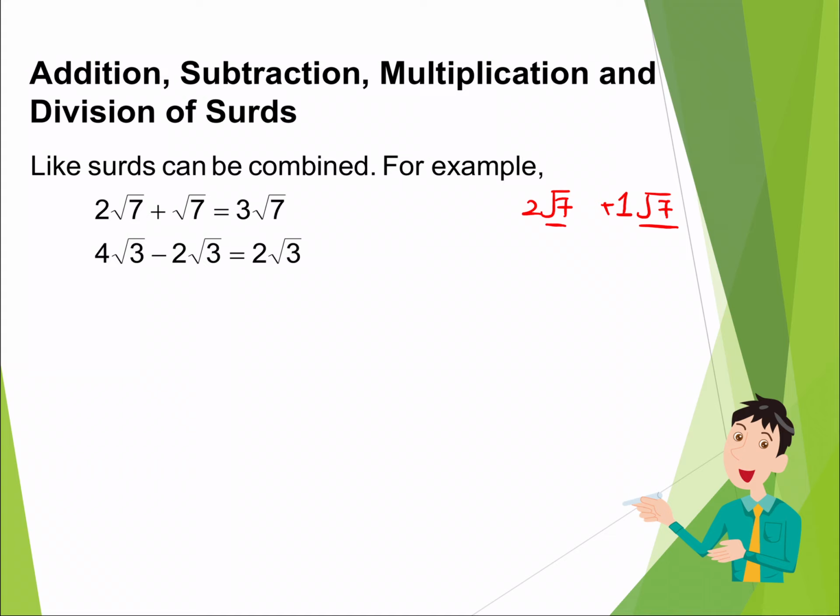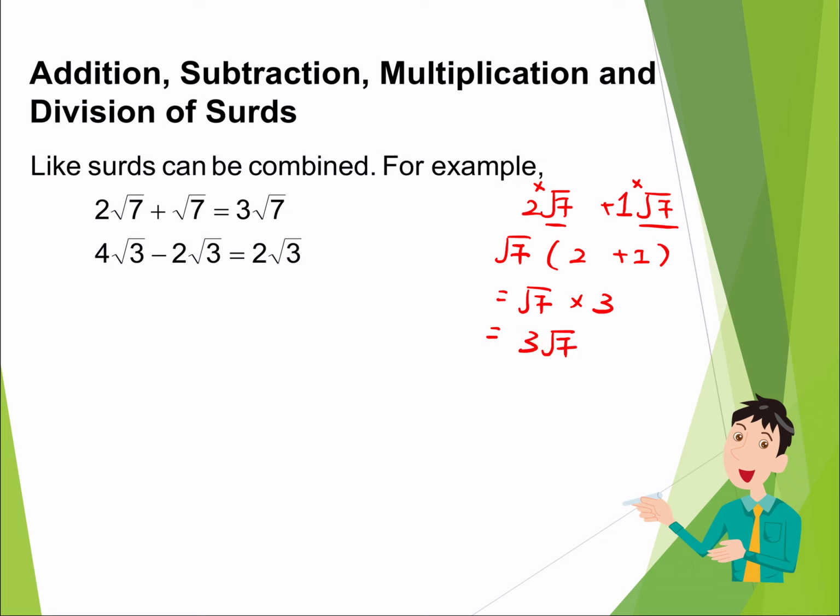This means 2 times square root 7 and 1 times square root 7. Just like what we do in taking out a common factor, we take out the square root 7, and then it is 2 plus 1. So it equals square root 7 times 3, and we can write it in this way.